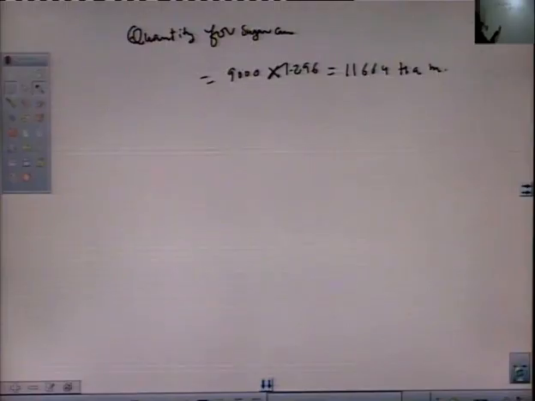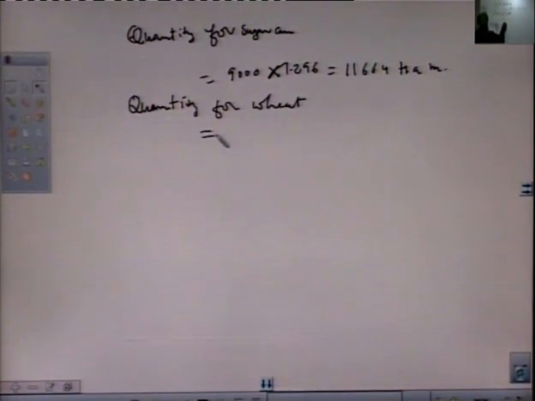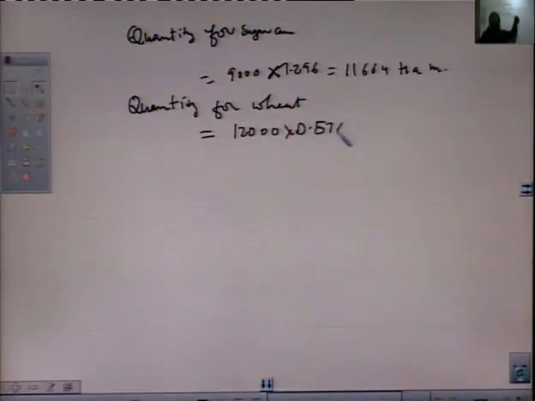For wheat, the quantity is equal to 12,000 multiplied by 0.576, which is 6912 hectare meter.